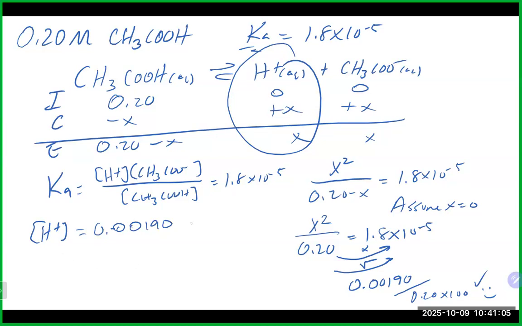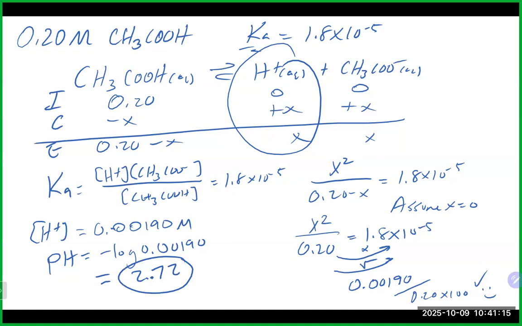If I put that into my pH, minus the log of 0.0019, gives us 2.72. So our acetic acid solution in this case has a pH of 2.72, so it's good and acidic. Any questions on that? That's just a regular Ka problem like we did earlier in this chapter.